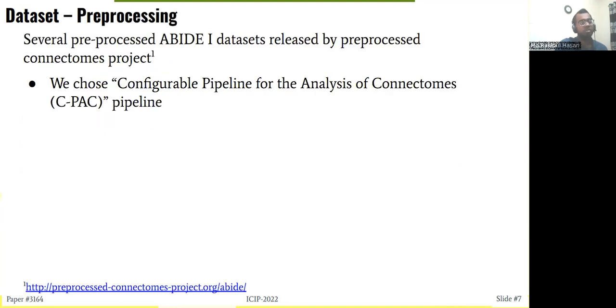Now for the pre-processing portion, several pre-processed ABIDE 1 datasets are already released by the Preprocessed Connectomes Project. Among them, we used the Configurable Pipeline for the Analysis of Connectomes, which is also a well-known pipeline used by many researchers. So we'll be noticing this when we'll be comparing our work with other researchers.